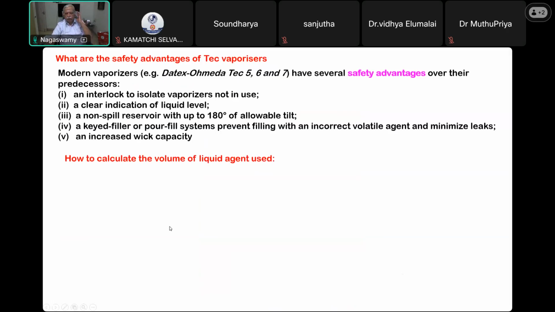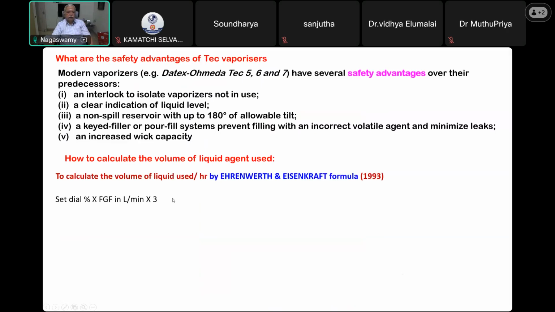How do you calculate the volume of liquid agent used? What is the formula to be used? For example, you use 2% sevoflurane for a duration of 3 hours. The volume of liquid used per hour can be calculated by the formula of Dr. Ferrenreth and Eisencraft: set dial percentage times fresh gas flow in liters times 3.